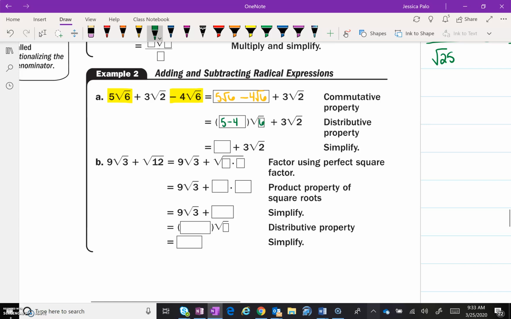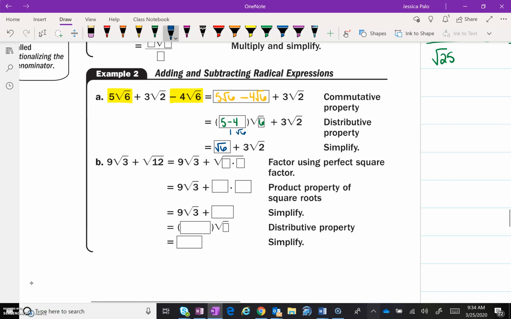We're treating this radical just like a variable, so we're not doing anything with the variable. We are just subtracting the coefficients. When we subtract these coefficients, 5 minus 4, we get 1. We get 1 times radical 6 plus 3 radical 2. 1 times radical 6 is just radical 6. So our final answer is radical 6 plus 3 radical 2.